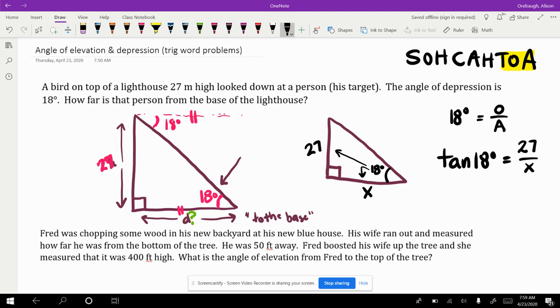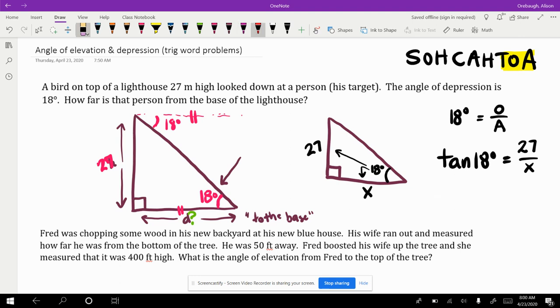27 over X. Now remember we're solving for X. If X were on top, if it were X over 27, we could just multiply 27 on both sides, but that's not what we have here. So be really specific.